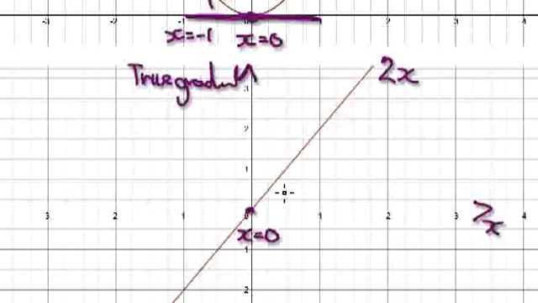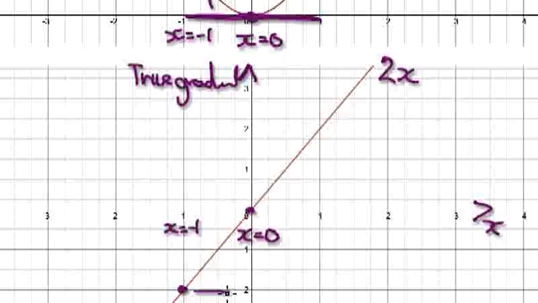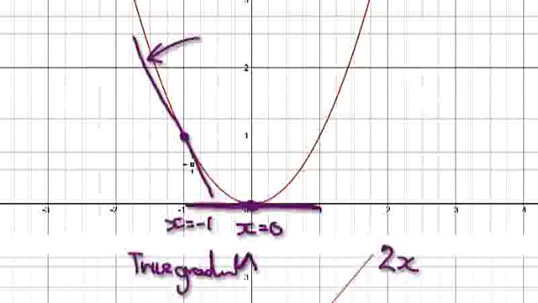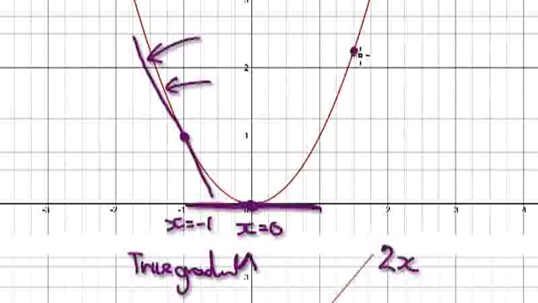Remember, this is 2x, a line of 2x. So when x equals minus 1, you would go down here, and you can see that the gradient is negative, and it's minus 2. So this has a gradient of negative 2.